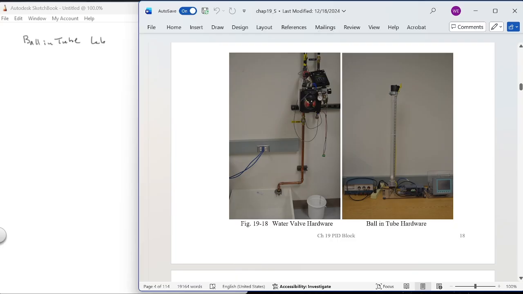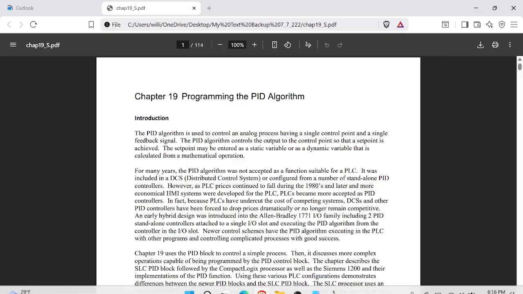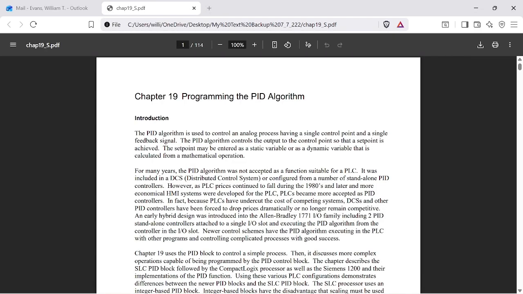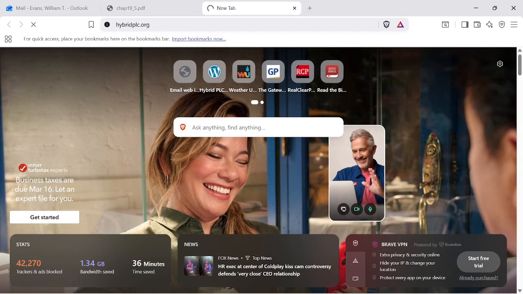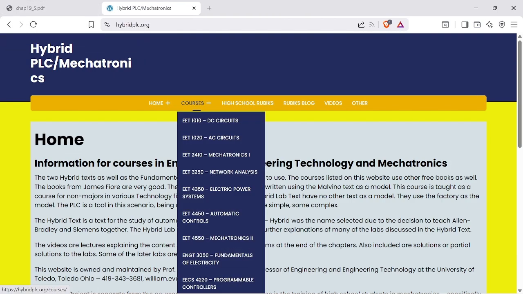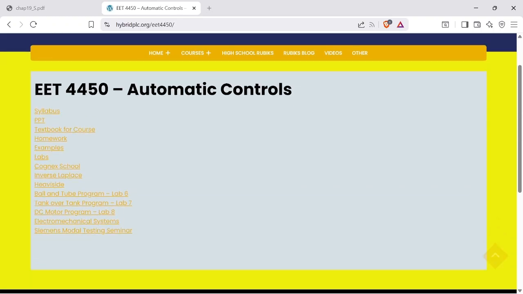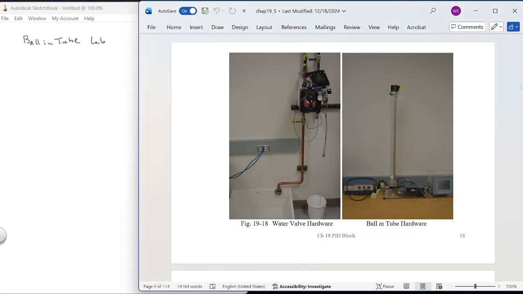It is at hybridplc.org, and then courses, EET 4450, and then you see this one here, ball and tube program, lab 6, right there it is. So the ball and tube program under EET 4450 is valid, and you can take that program and use it.